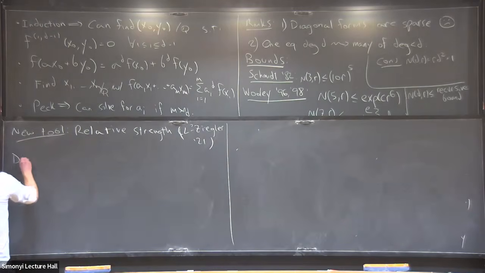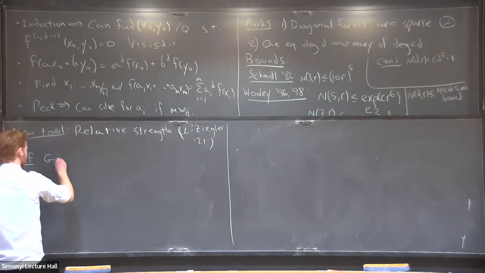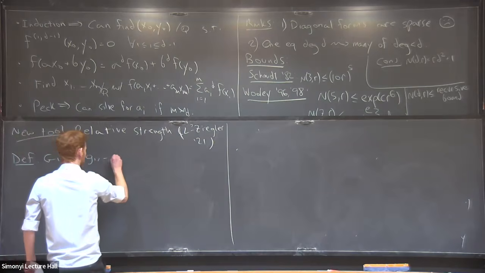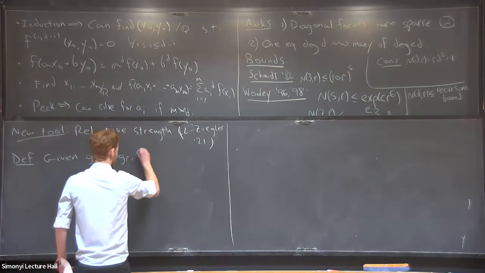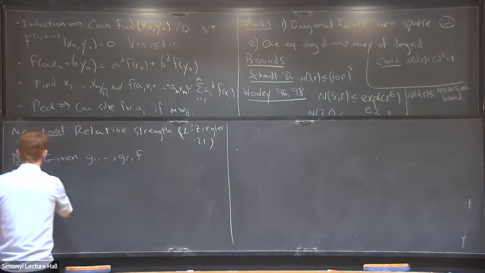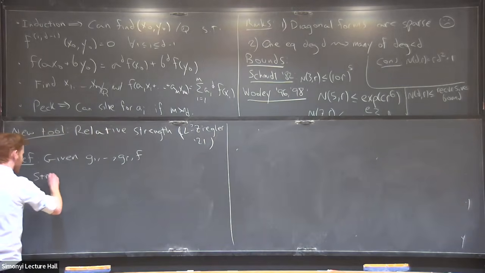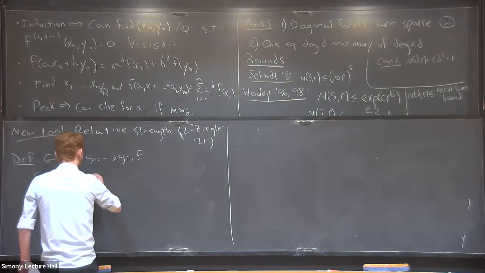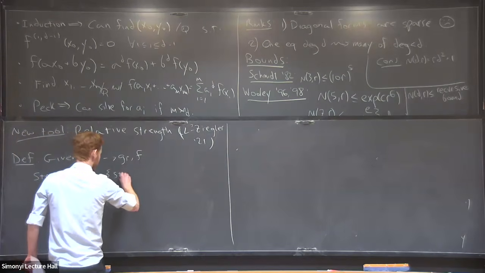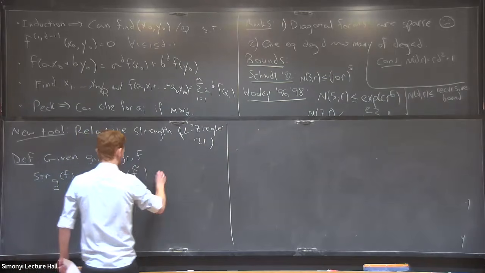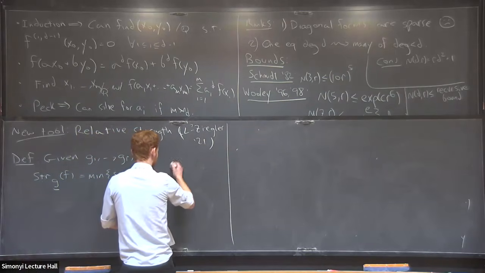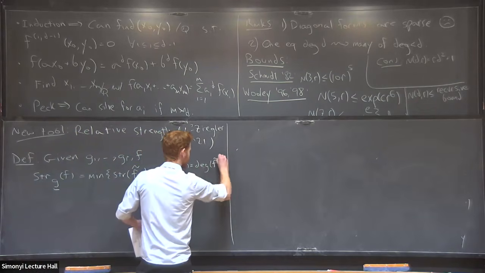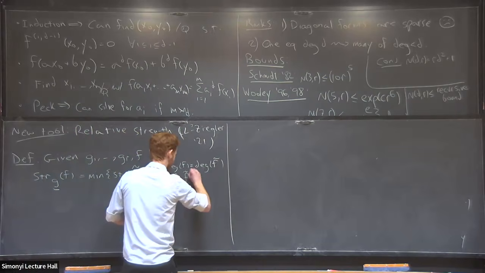And here's the definition. This is a more flexible generalization of strength. Now you have a collection G1 up to GR, and you have some F, and the relative strength of F relative to those G's is the minimal strength of any form which is equivalent to F mod G: the degree of F equals the degree of F', and their difference is in the ideal.